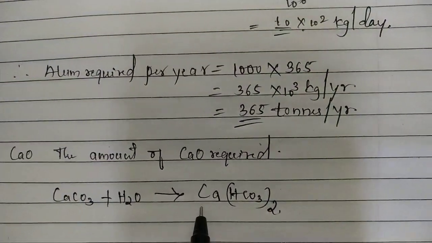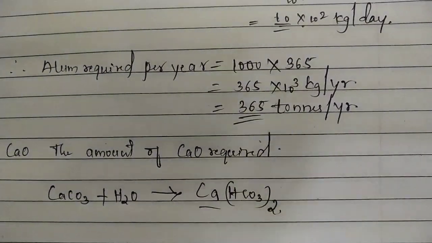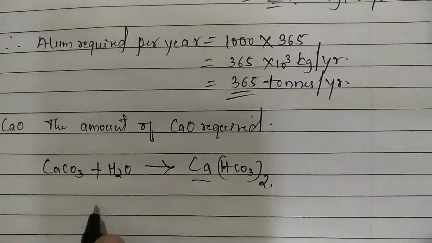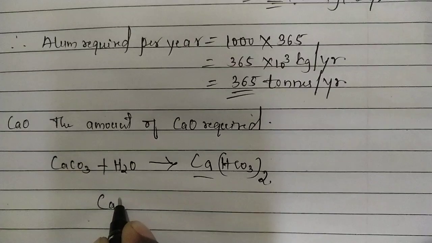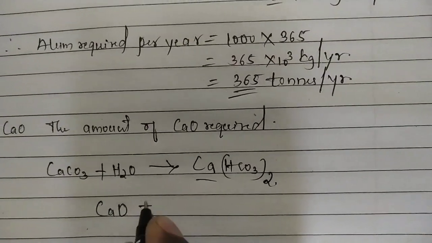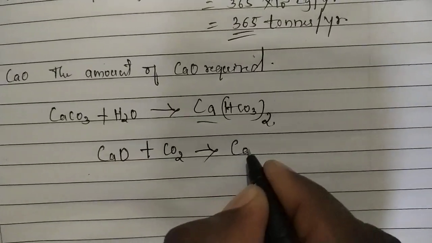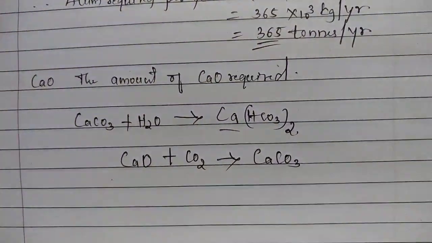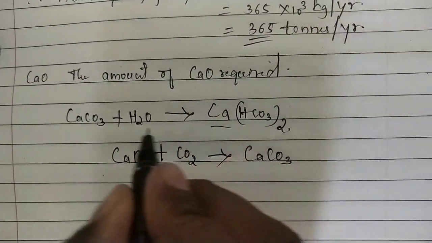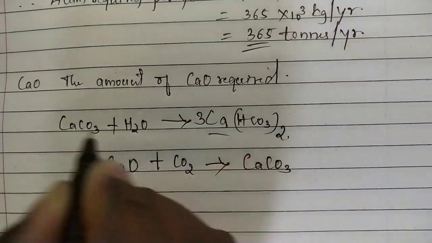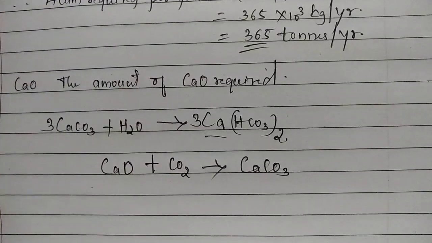So this is the equation, and how does calcium carbonate form? This quicklime, that is calcium oxide, reacts with the carbon dioxide present in the water, and that forms calcium carbonate. So to balance this equation, we have to add 3 here and 3 here.